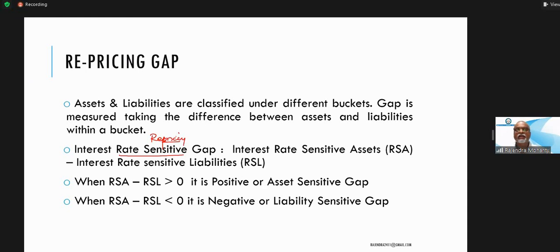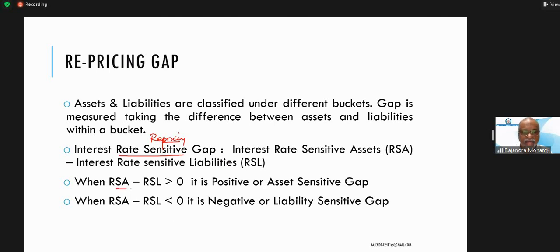Repricing gap means that when the change of interest happens, the repricing of assets or liabilities happens. From the earlier interest rate, it changes to the new interest rate. That new interest rate might be an increase or a decrease. So that is the difference between interest rate sensitive assets, RSA, and RSL.